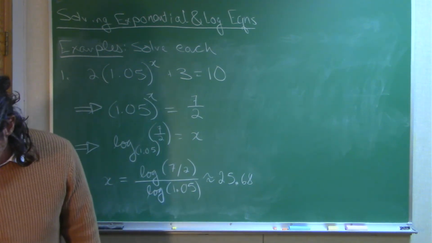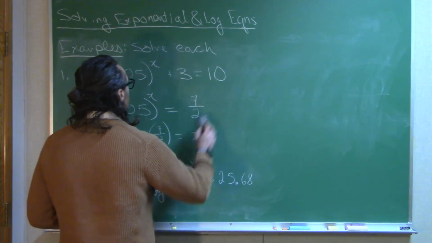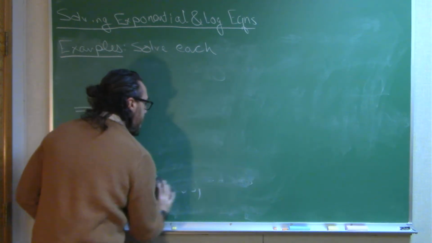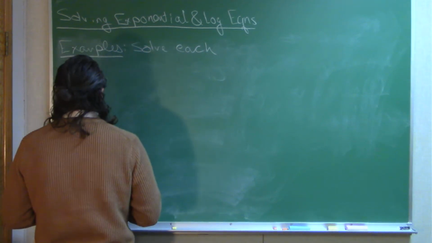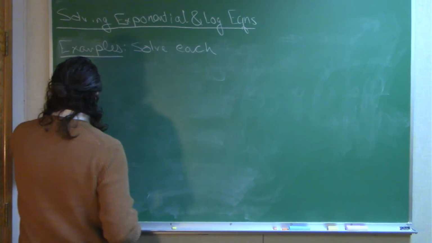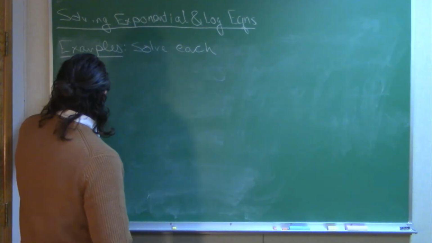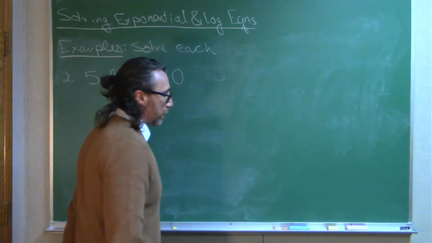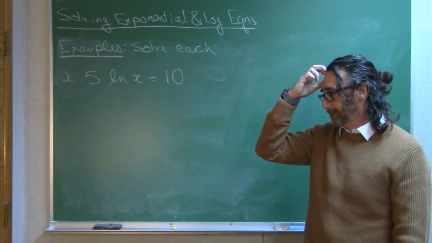Let's do another one. Let's do a log equation here. An equation where the unknown is inside a log. Okay, so 5 times ln x equals 10.